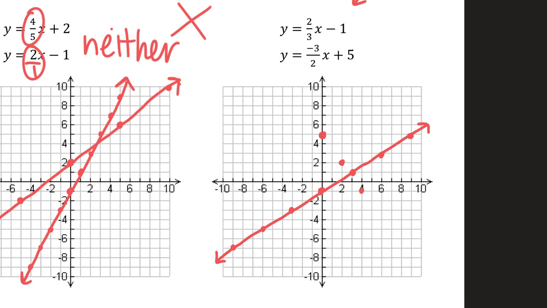Down 3, right 2, as far as I possibly can go. Now I can do one more. All right, I ran out of graph, so I'm going to do the opposite, and I'm going to go up 3, left 2, which looks like I can only do that one time. So I'm going to connect my dots and put arrows on the ends.